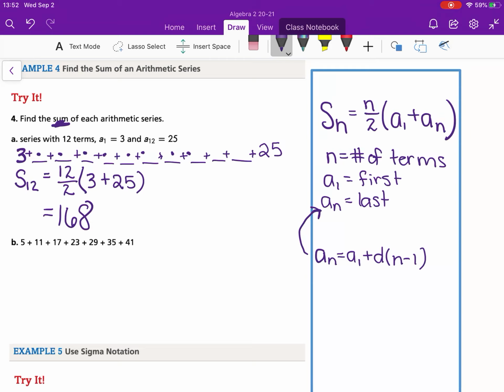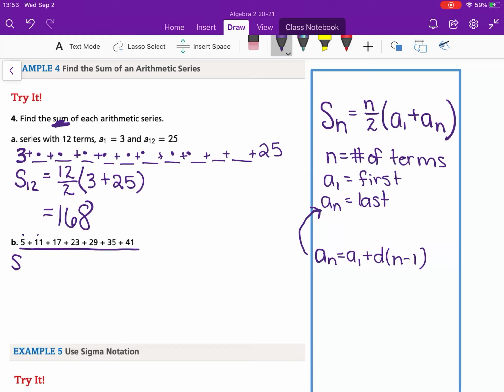In this example, however, could I just use a calculator to straight up add that? Yep. Would that probably be quicker for most of us? Yes. So should I do it that way if it's quicker for me personally? Yes. But I will show you that the formula works.